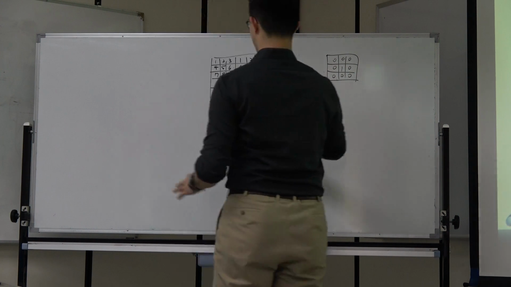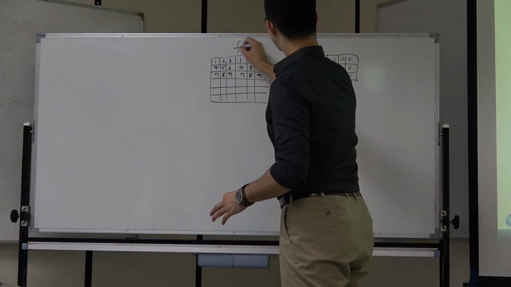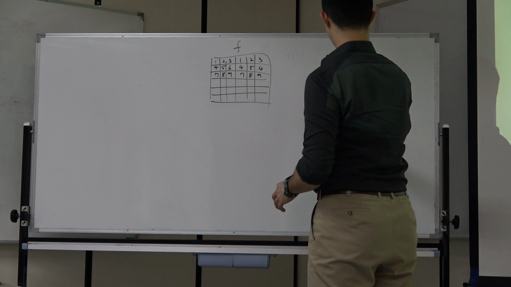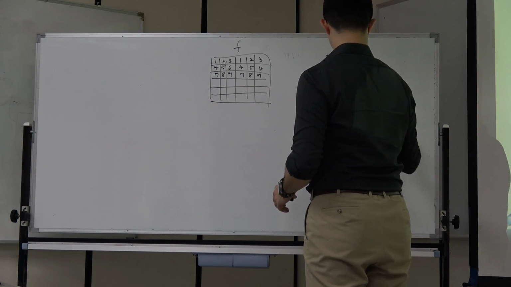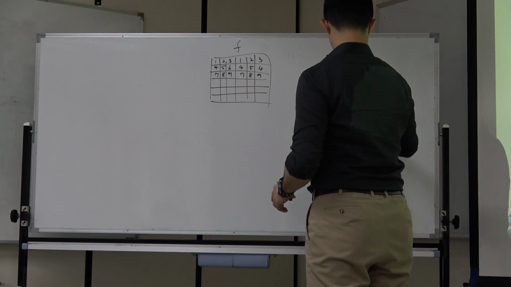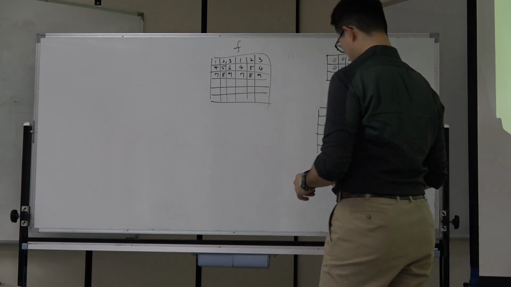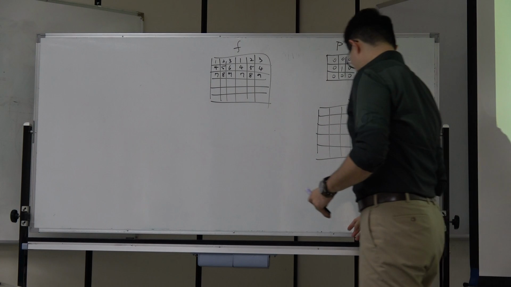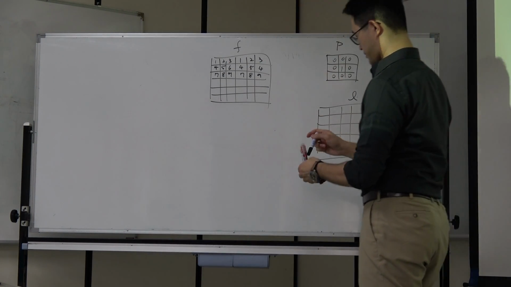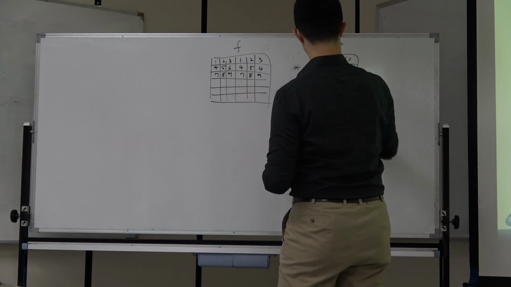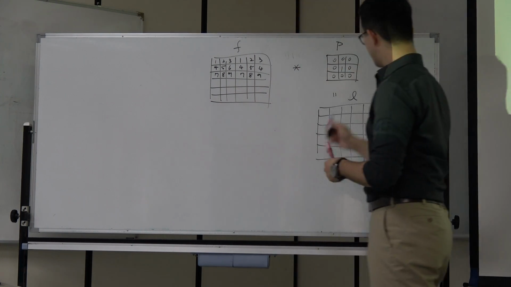Let's just assume that this is the F, this is the P, and eventually we will have an L. Something like this. So the convolution means that we have a 3 by 3. Right now we are taking the convolution, and then it will be equal to this.